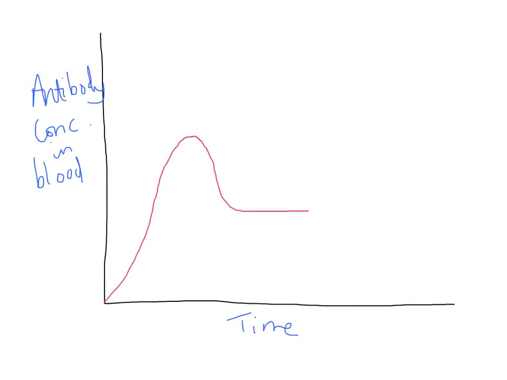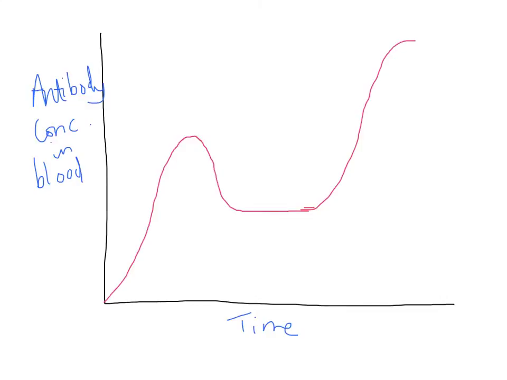So if we get another infection, a proper infection as opposed to being given a vaccine deliberately, our antibody level can rise much more steeply and much more readily, because we can get more into the blood to fight it before we come truly under attack.